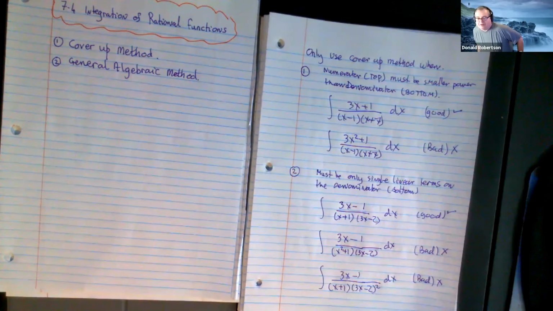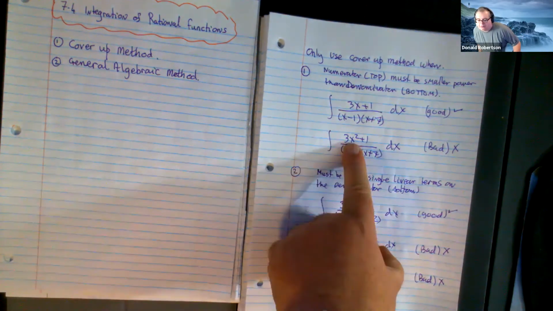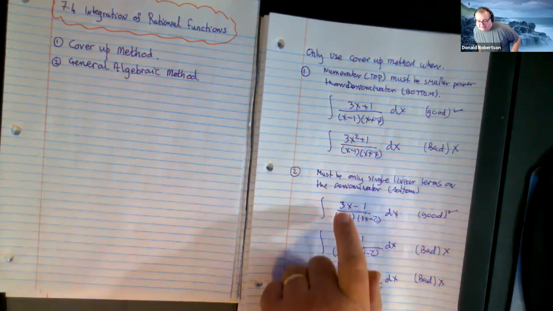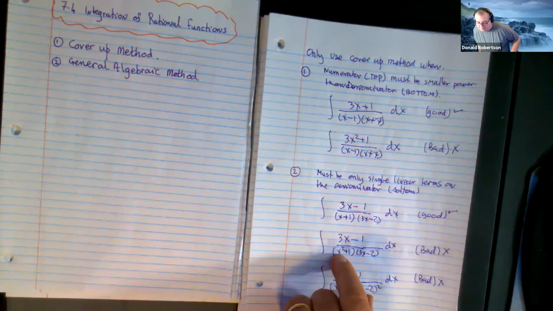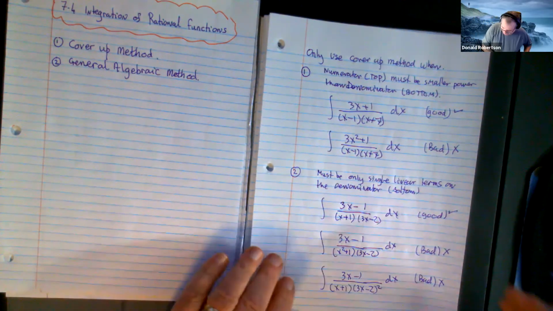So the cover-up method is really nice and really quick, and you want to use it. And hopefully you'll get to use it. But if the top power is bigger or the same as the bottom, you can't use it. If the bottom power has a square in it, you can't use it. Even if you try to, don't.